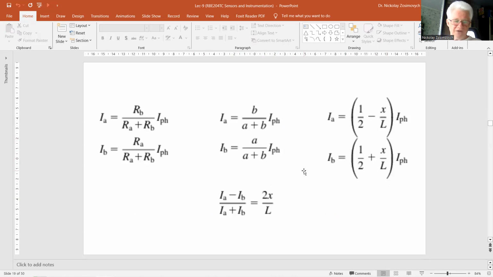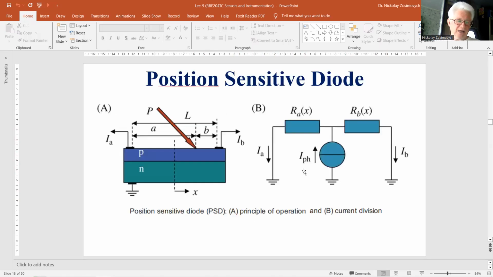And figure B shows an electric model of the PSD. It is used to explain how the current division depends on the position of the light. The photocurrent, modeled as a current source I photon, originates from the point where the beam hits the diode.